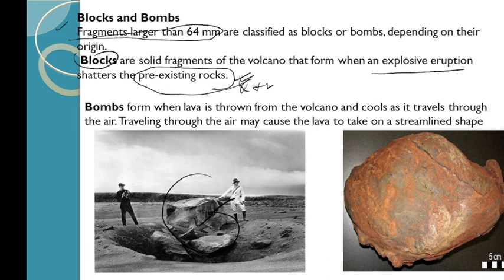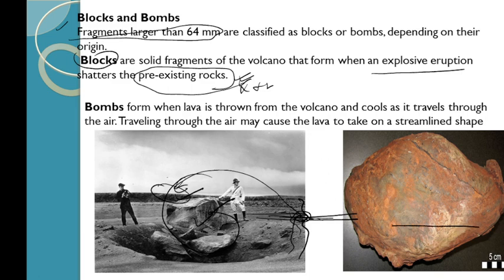When a volcano is dormant, this is the area of solidified rock, but when the volcano suddenly erupts, this rock is thrown out and forms a block. But a bomb forms when lava thrown from a volcano cools as it travels through the air.